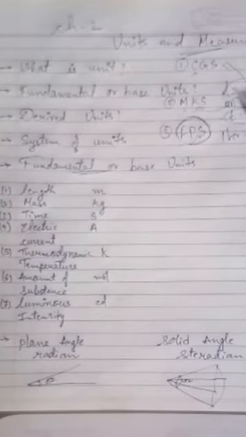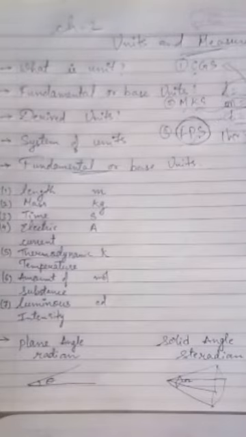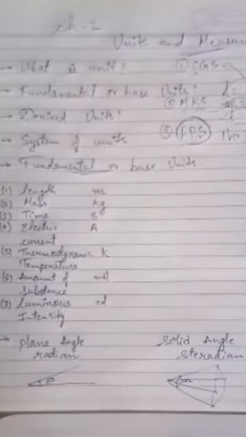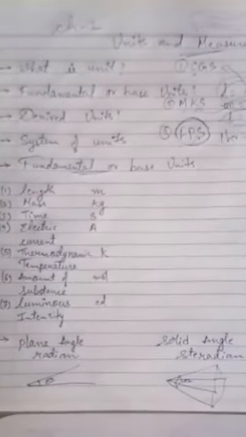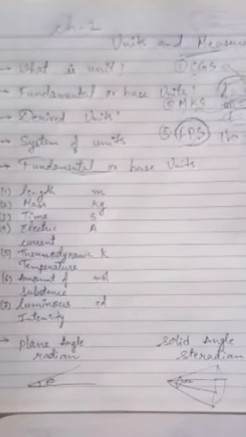But length and mass are different in the two systems. Length is in the CGS system and mass is in the MKS system. So you have to convert them, and most of the time we will convert all the units into the MKS system. Clear? For the MKS system you need to convert the length from centimeter into meter.